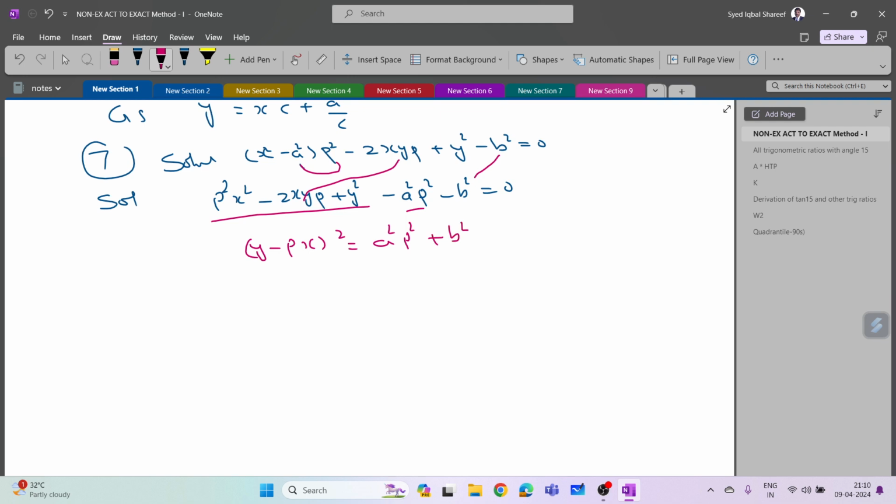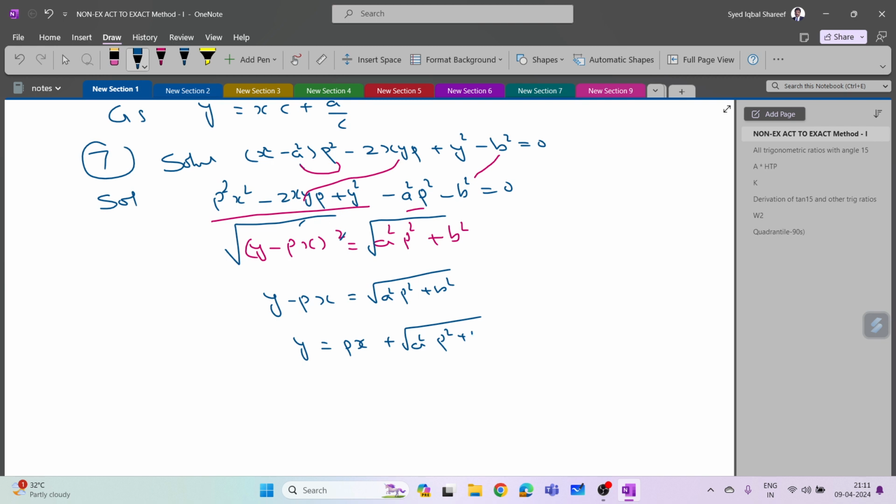If you square is there, if you root both the sides, square and root cancel. y − px = √(a²p² + b²), or y = px + √(a²p² + b²).